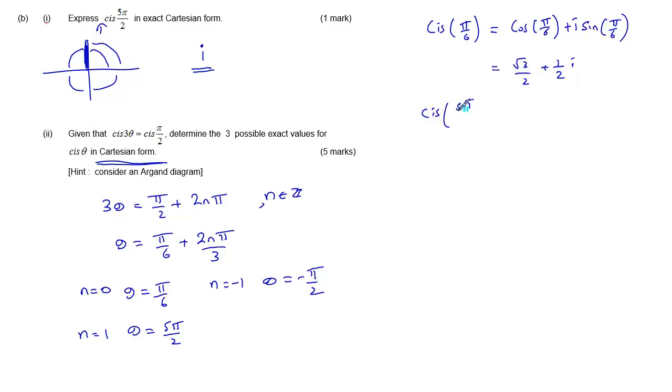Cis of 5 pi by 6, we know that the cosine will have a different sign, but the sine will be the same. And then cis of negative pi by 2 is just minus i.